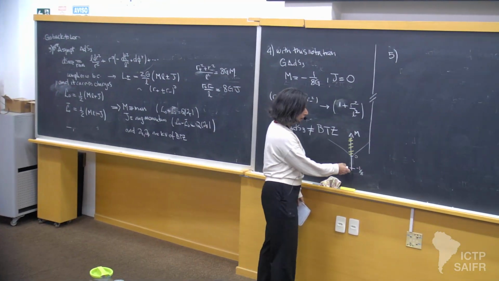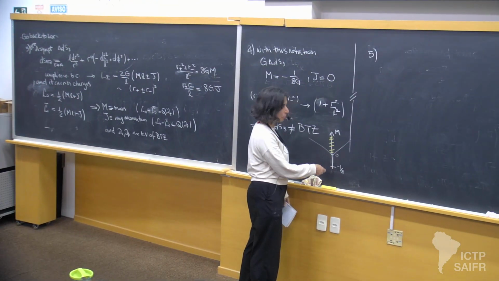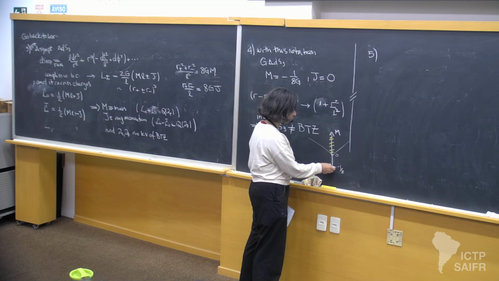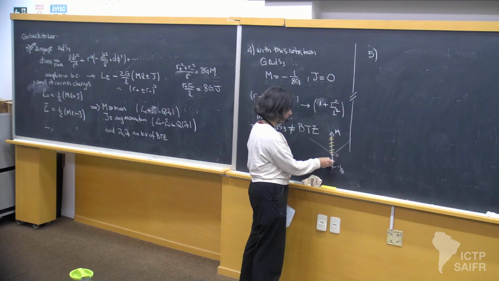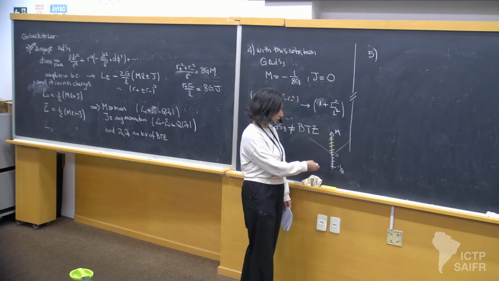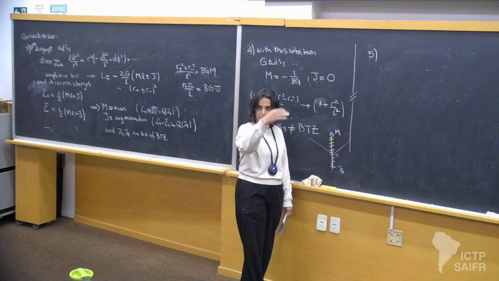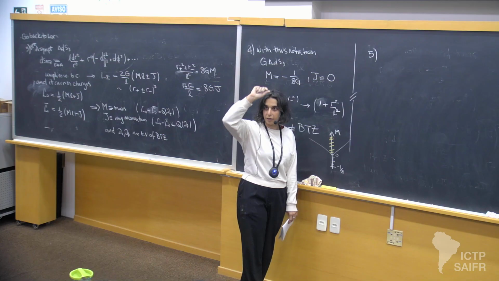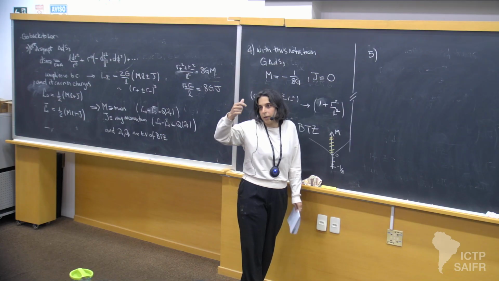We're getting ahead of ourselves because we haven't done AdS₃ yet. But sure, this will be the vacuum state, and then you can have some other states. In a compact CFT, which has discretized energy eigenvalues, there will be an energy separation between every state that you have in the theory. That's what makes it quantum.